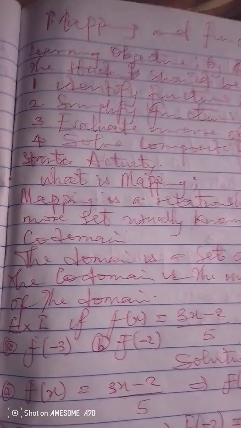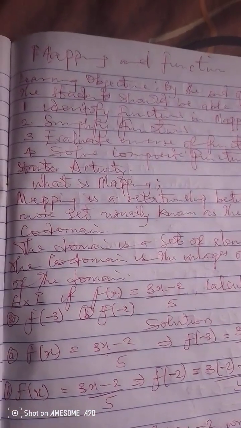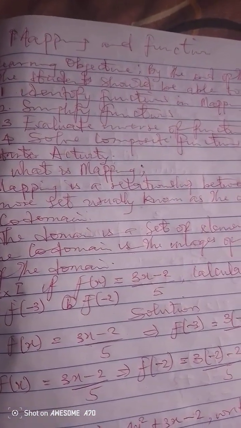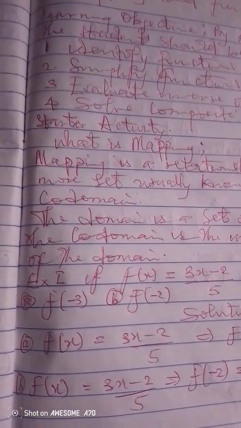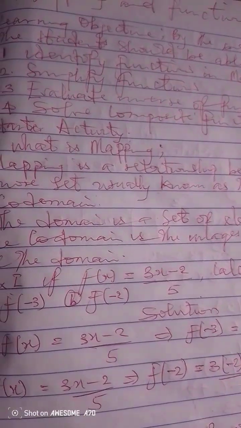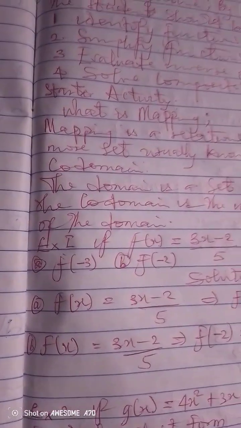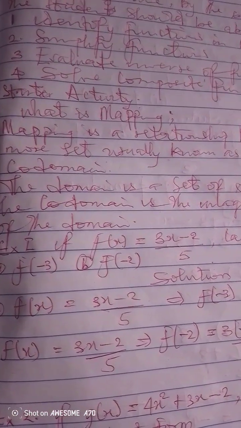Example 1. If f of x is equal to (3x minus 2) over 5, calculate a. f of minus 3, b. f of minus 2. Solution. It is given that f of x is equal to (3x minus 2) all over 5.